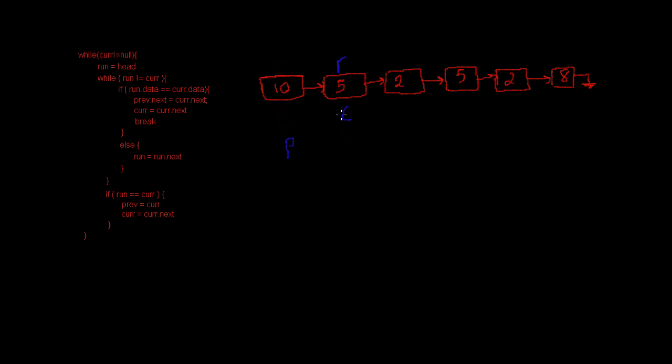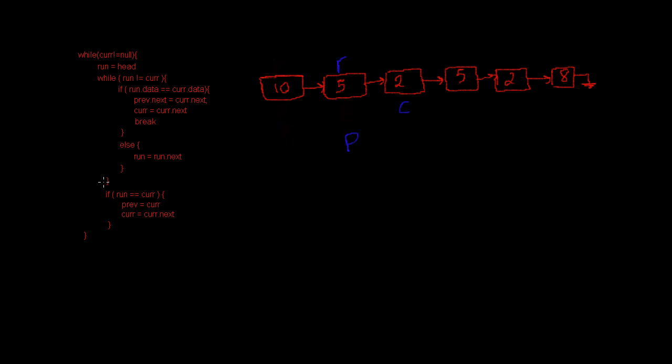They're looking at the same node. Their pointers are the same. So the previous is gonna be reset to the current's position, and current is gonna move to its next node. So current is gonna move to here.